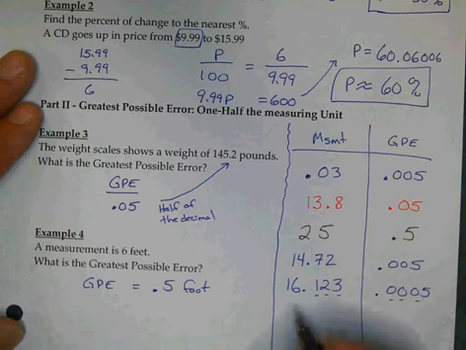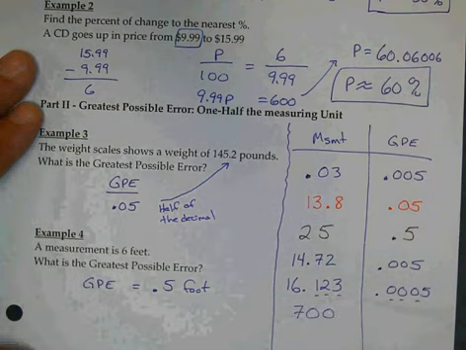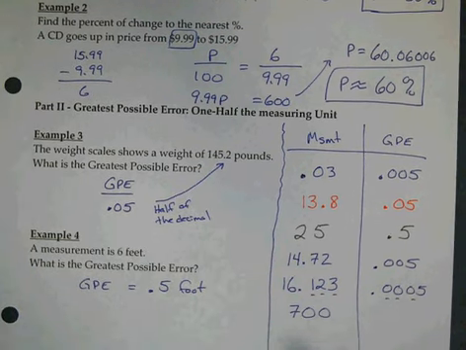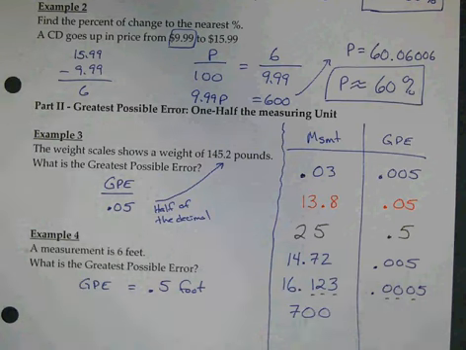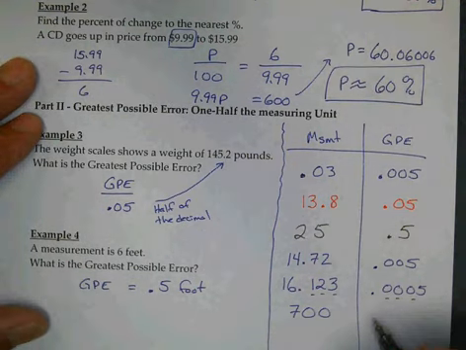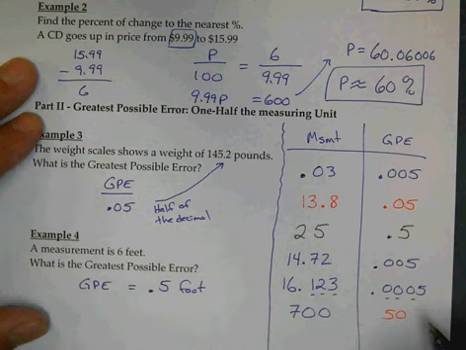All right, so last one. Here's the measurement. 700. Notice I rounded to the nearest 100. What's the GPE? If I tell you it's rounded to the nearest 100, then the GPE is 50.